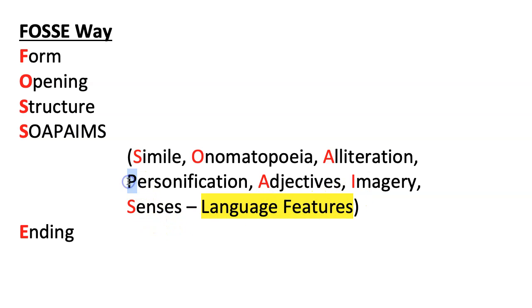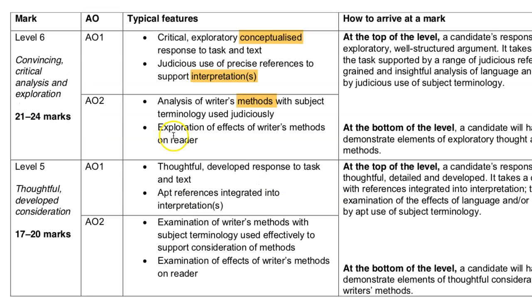No idea why I didn't make that red as well. So you can clearly see that's where these letters come from, the first letters of each of the language features. And this is just a small selection. You could have any number of language features. It's just a reminder that you must comment on them. Why do you have to name the features?